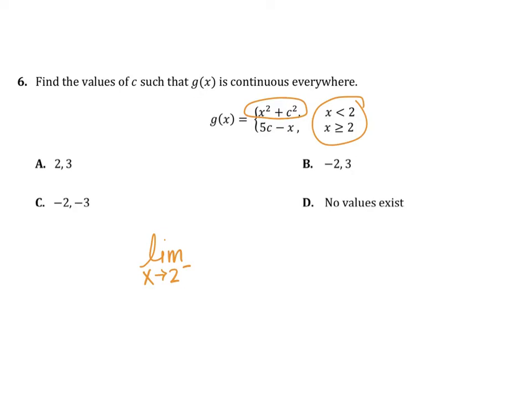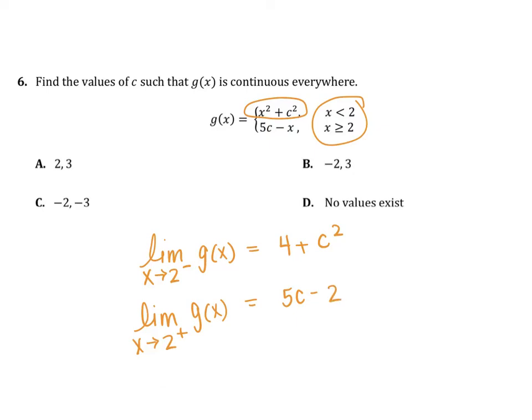So we're going to plug in there, and notice that this is going to end up being 2 squared, which is 4, plus c squared. And then on our other side, we have the limit as x approaches 2 from the right of g of x. And that, if we sub in, is going to be 5c minus 2.